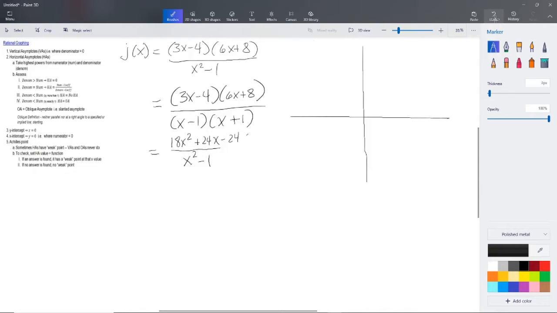Those are going to cancel out. And finally, we have negative 4 times positive 8, that's negative 32. So it looks like then that our other expanded form is going to be 18x squared minus 32 over x squared minus 1.